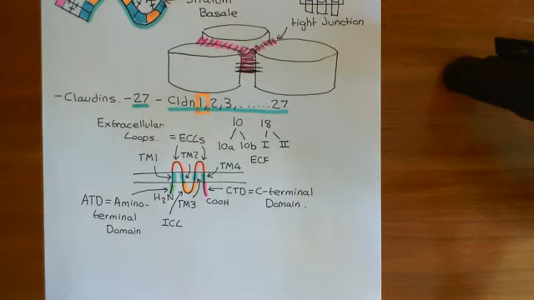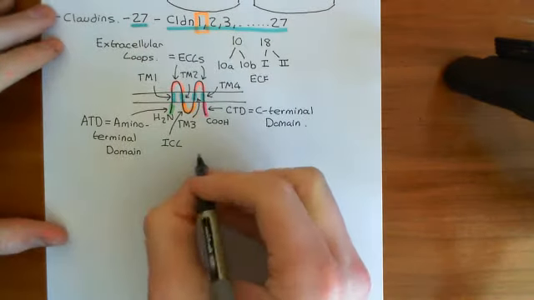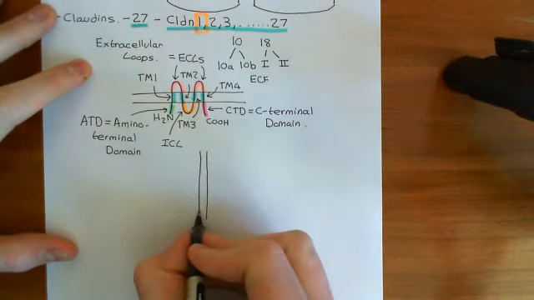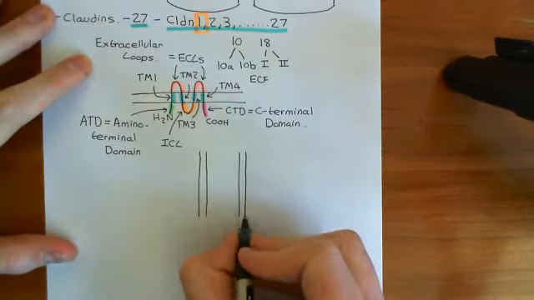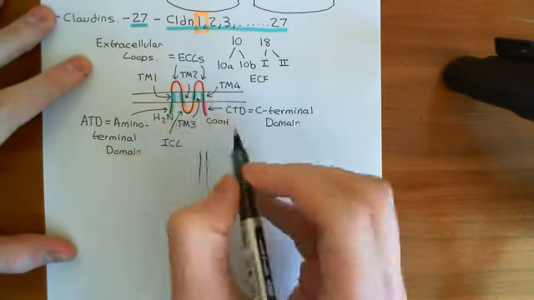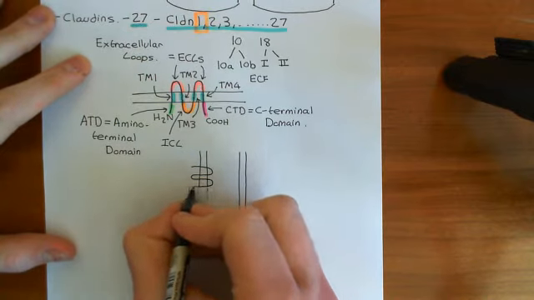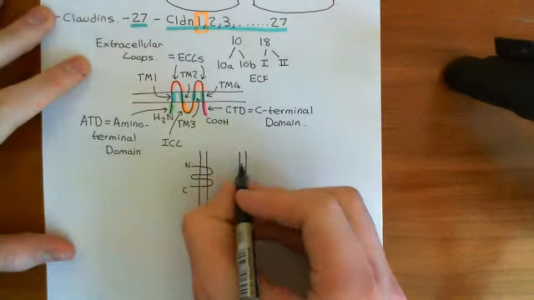So now let's discuss the adhesion of two claudin proteins together. If we have the cell membrane of cell 1 here, and the cell membrane of cell 2 here, it is the extracellular loops that are important in the interaction between two claudin proteins. Here is one of our claudin proteins on cell 1.